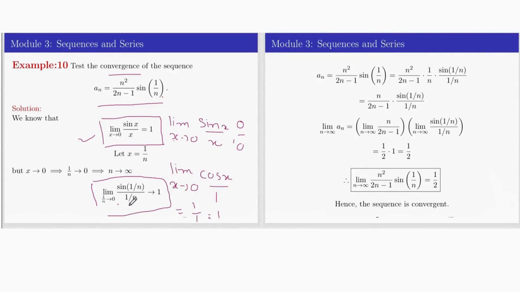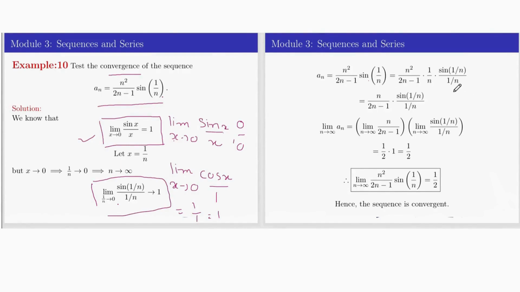Now next step, what to do? What is a_n? a_n is n squared upon 2n minus 1 sine 1 upon n. Here sine 1 upon n is given, so try to reset this form. What we need is sine 1 upon n upon 1 upon n, because for this value we can put 1. So now reset this value. Here sine 1 upon n is divided by 1 upon n.